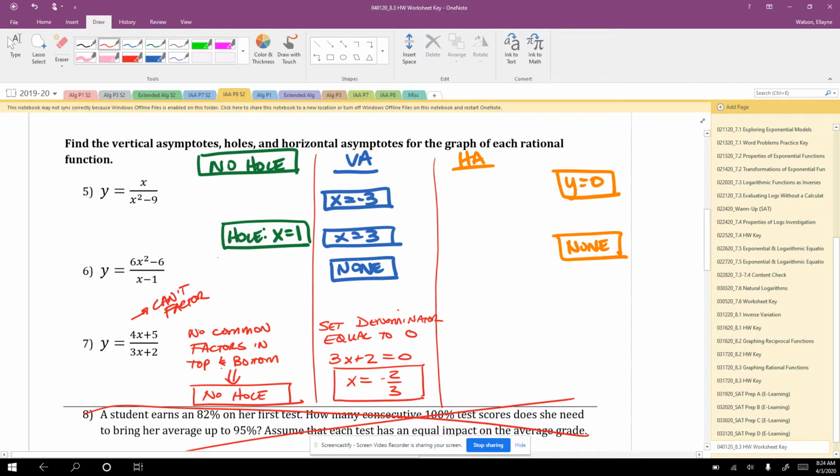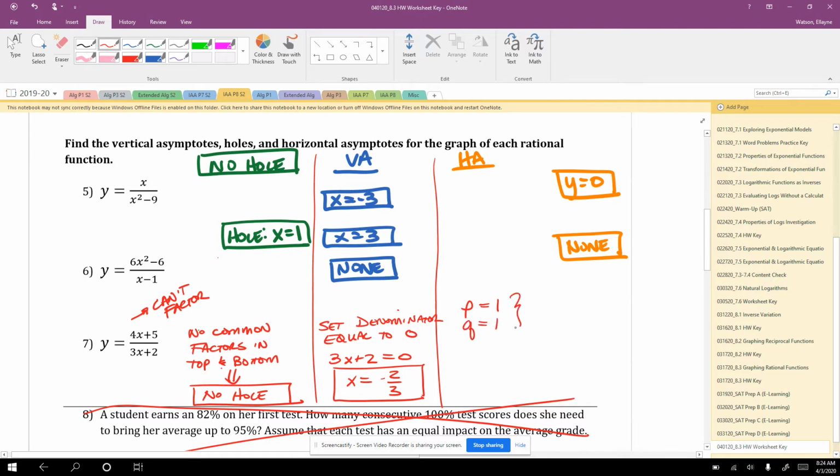Now, the horizontal asymptote is where we have to use our rules comparing P and Q. P, the degree of the numerator, is 1, because it's 4x to the 1. Q, the degree of the denominator, is also 1.